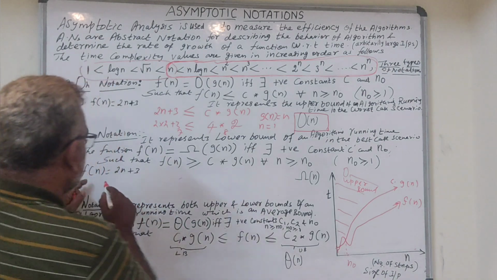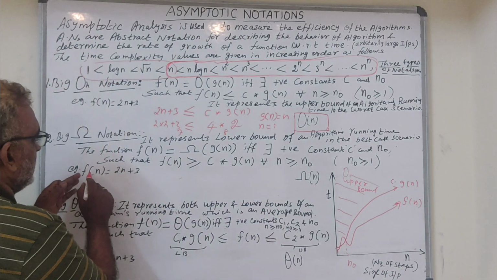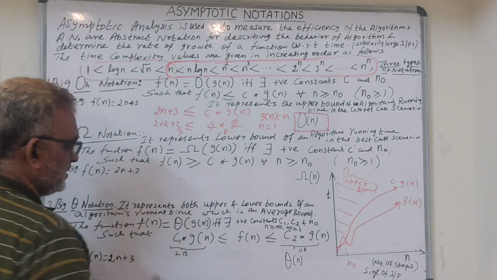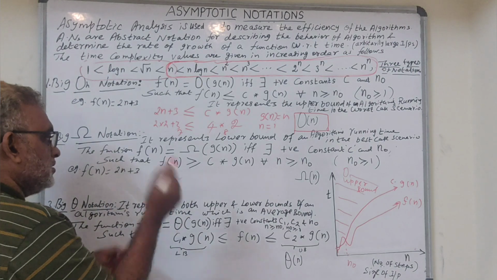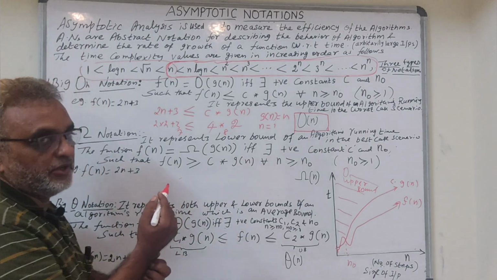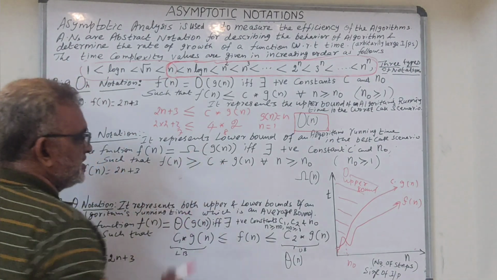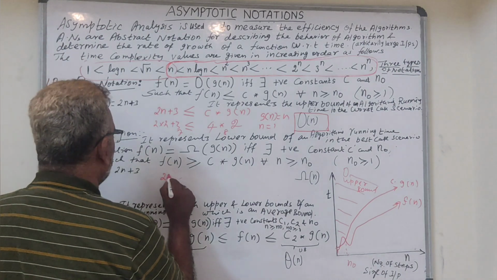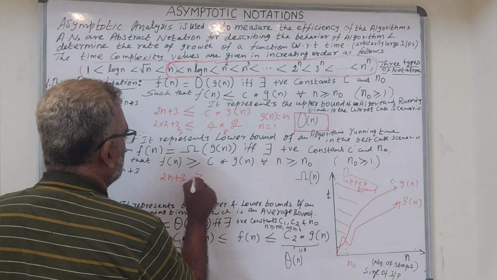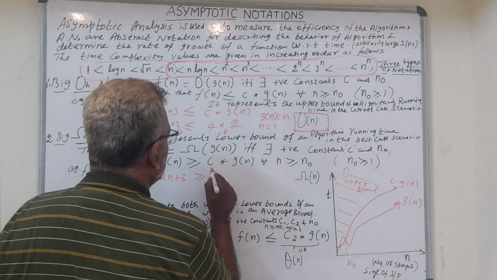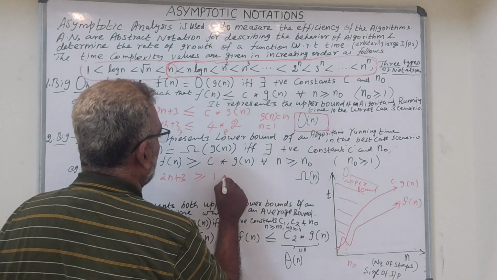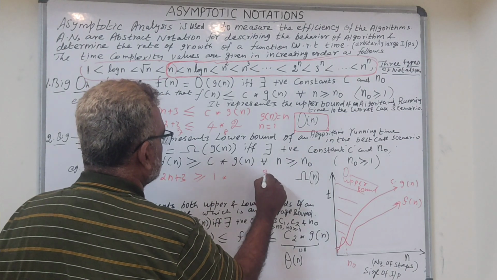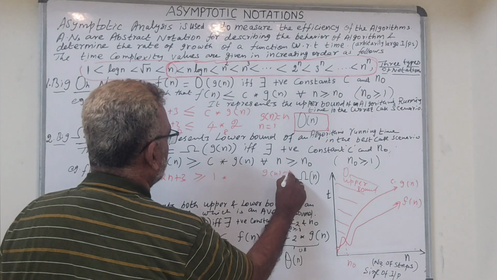Okay. So let us consider this function f of n is equal to 2n plus 3. So in this case, what is the minimum value which satisfies this condition? So it is 2n plus 3 greater than or equal to c into g of n, where the value of c is equal to 1 and g of n is equal to n.